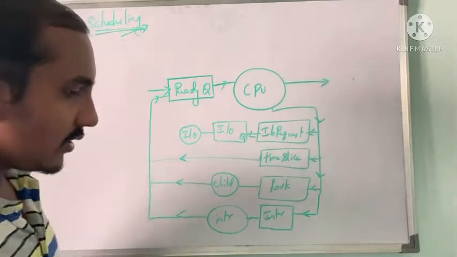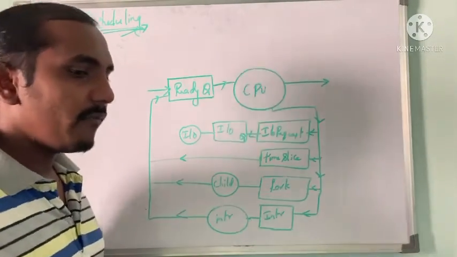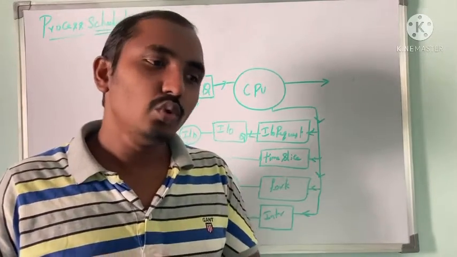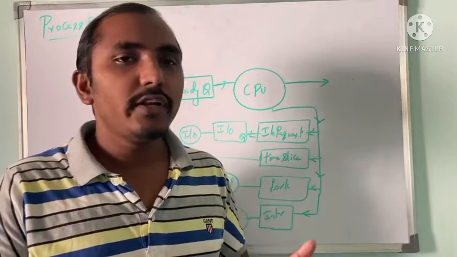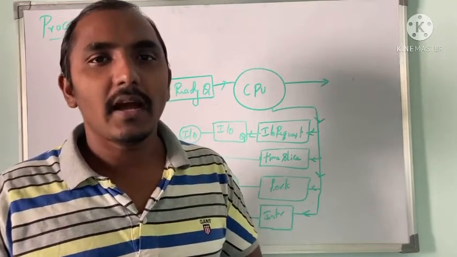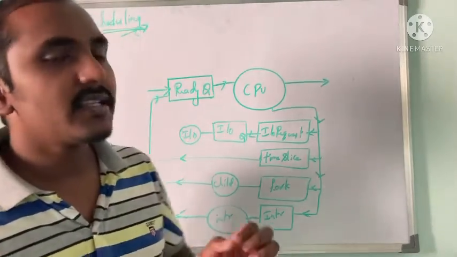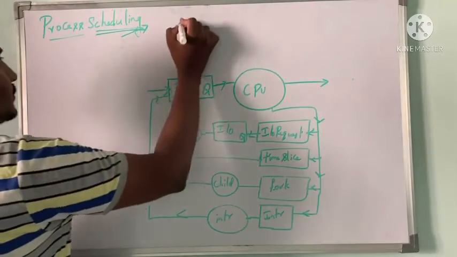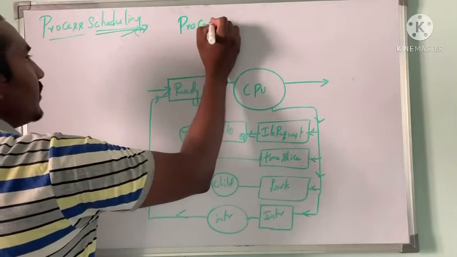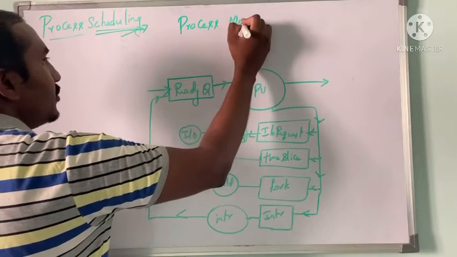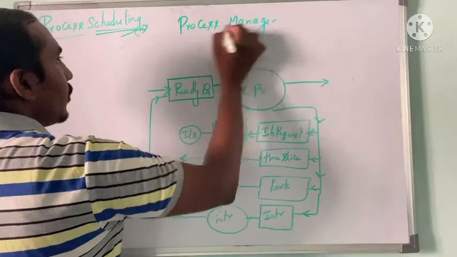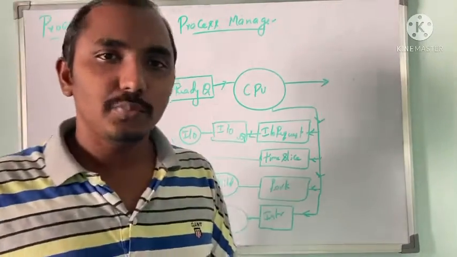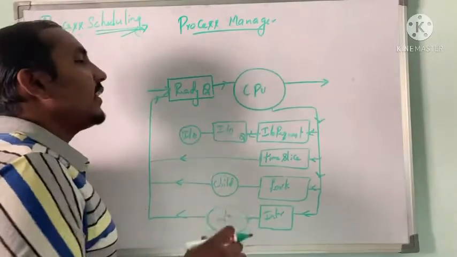Similarly, when you have multiple processes, more than one program to be executed, those programs are stored in the RAM. From the RAM, any one program will be selected by something called the process manager. What is the use of the process manager? It is responsible for selecting one.